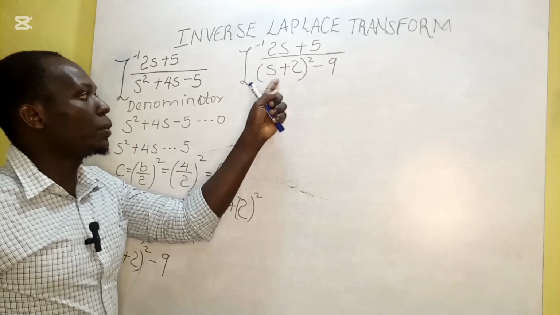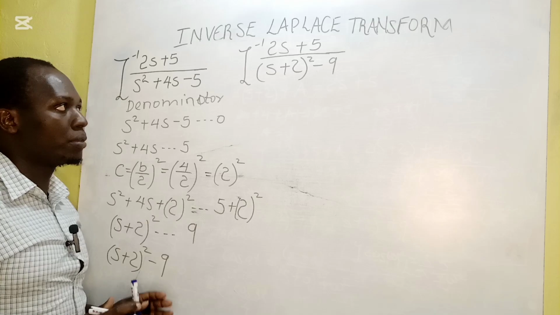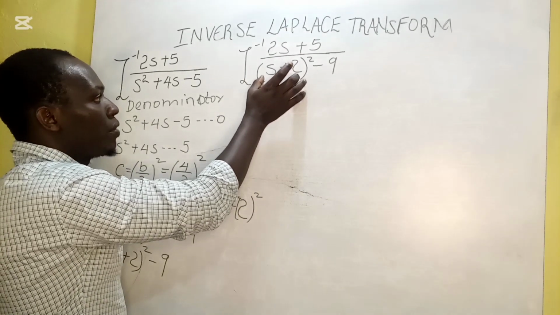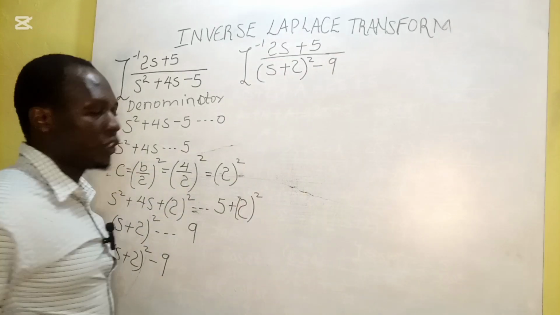When we check here on the denominator, it means that shifting has been done somewhere. Let us now relate whatever we are having here on the denominator and our function on the numerator.